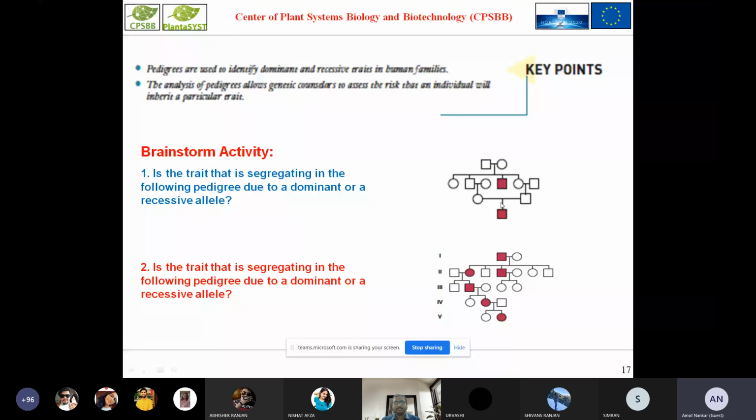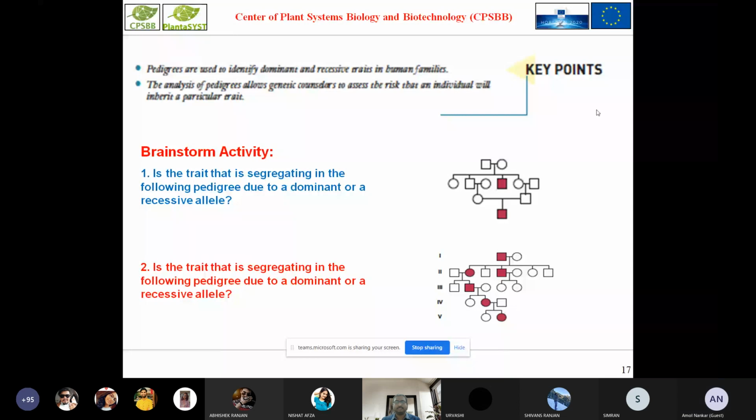So is there any volunteer that can tell which pedigree shows that the dominant trait is segregating, and which pedigree chart is showing the recessive allele segregation? Any volunteer?